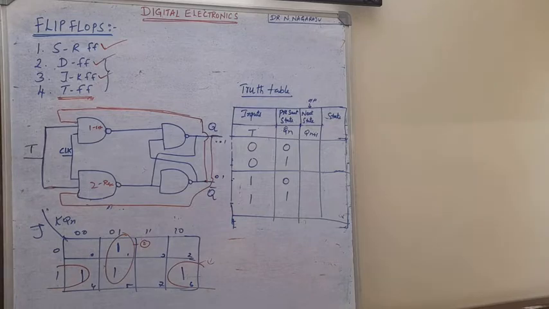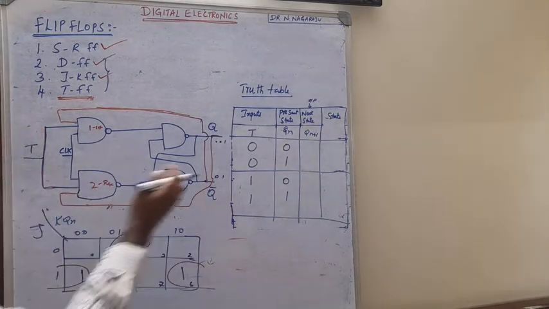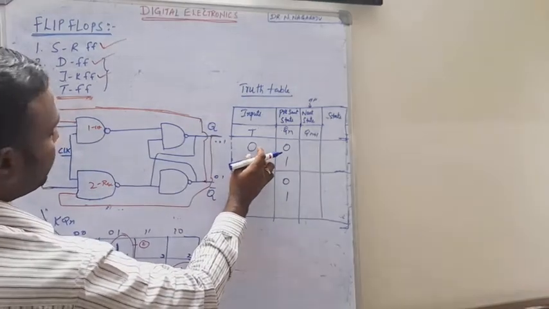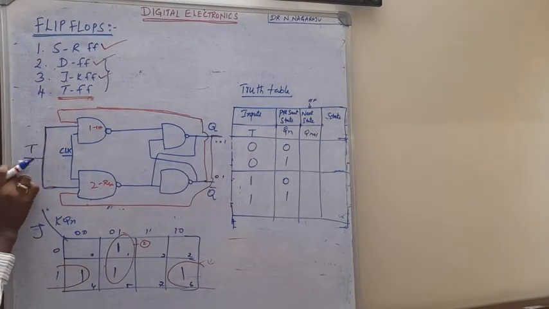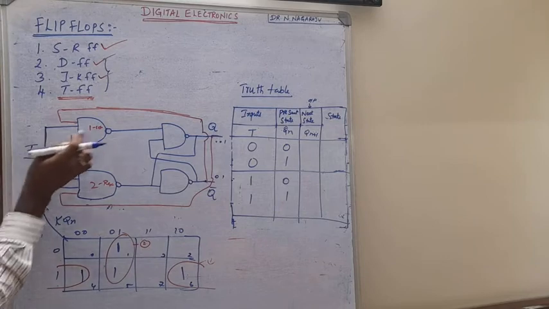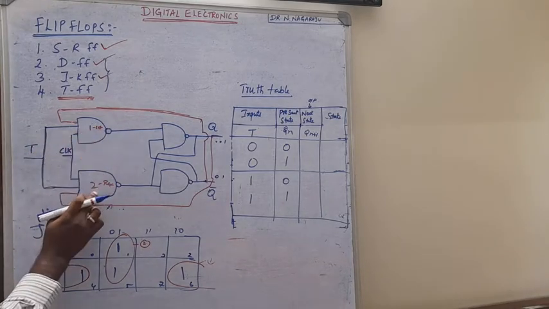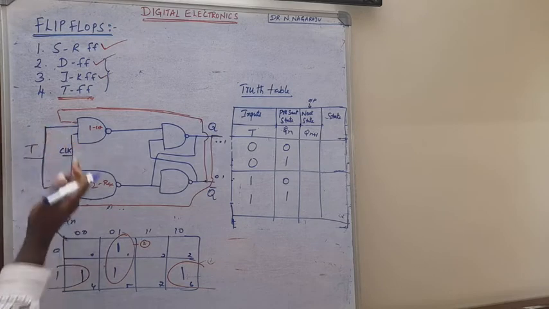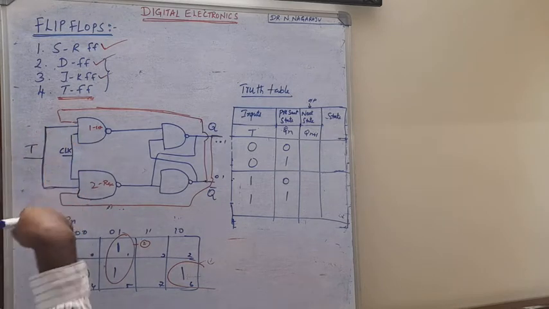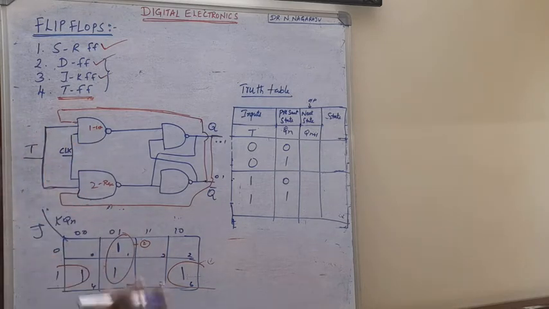Now I am going to analyze what will happen in Qn plus 1. When T equal to 0, set is also 0 and reset is also 0. That is, J is 0 and K is 0. J is connected to set, just imagine an SR flip flop.